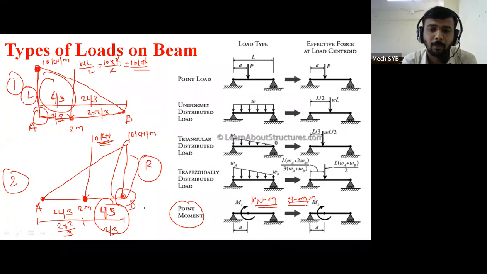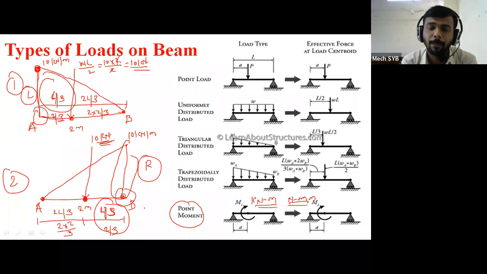Couple is the force into perpendicular distance, and the effect of couple will be considered in the bending moment calculation only. Coupleचा इफेक्ट आपण shear force मध्ये कधीच consider करत नाही, because shear force we are calculating in kilonewton or Newton, and bending moment we are calculating in kilonewton meter or Newton mm.